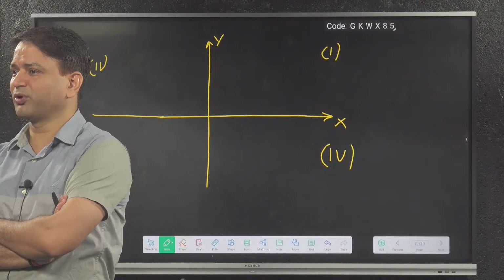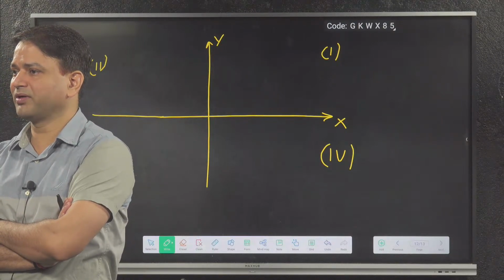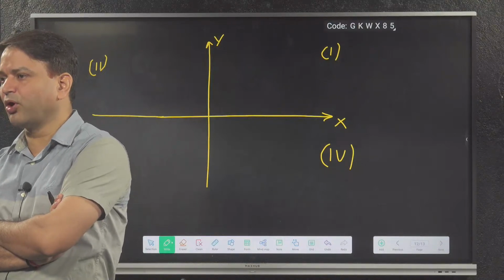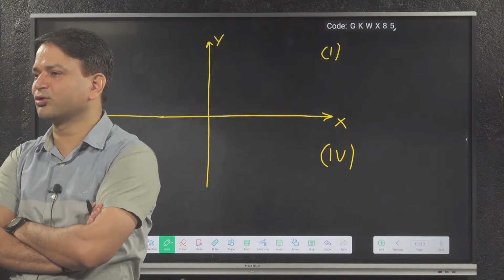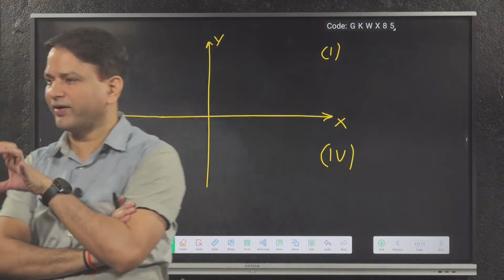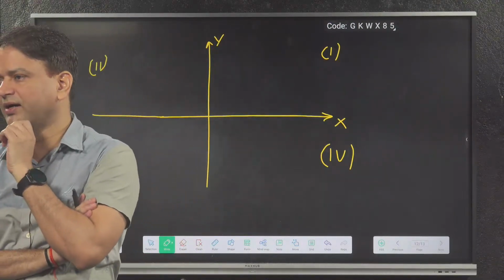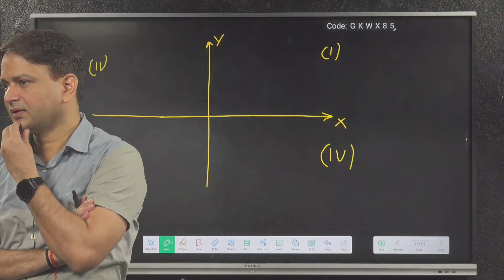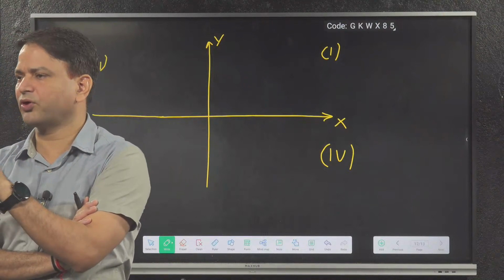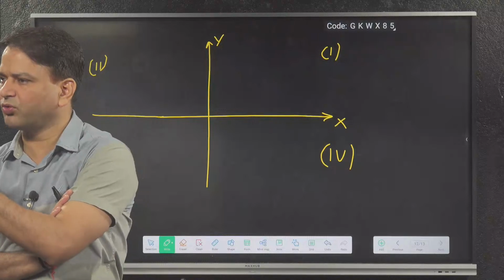Sir, cos 0.5 is 0.5 by 1? When theta is small, why do you unnecessarily need to convert into radians? Directly you can write when theta is small. Is 0.5 degree a small angle or not? 0.5 degree is a small angle. So directly, for cos at a small angle, the approximation we can take is what? 1.